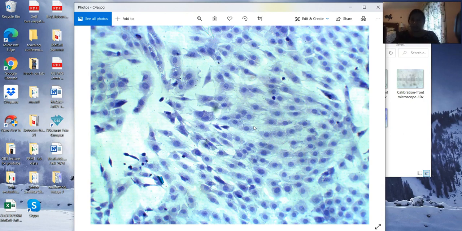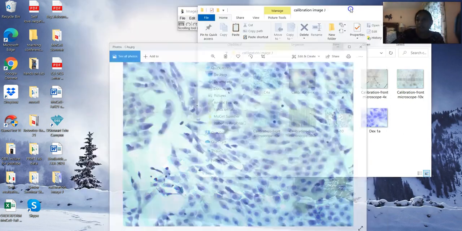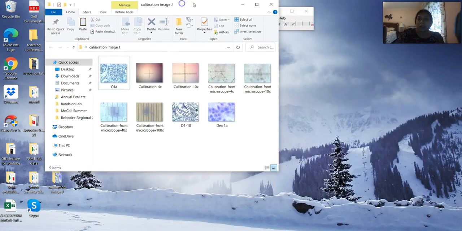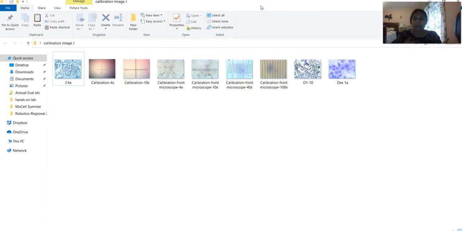One thing you can do, if you need to collect data points using various magnifications, or you're not sure which one you're going to be using at any given time, is make a library for yourself, with a stage micrometer image taken on your microscope for every single objective lens.